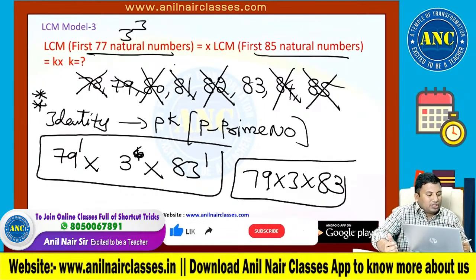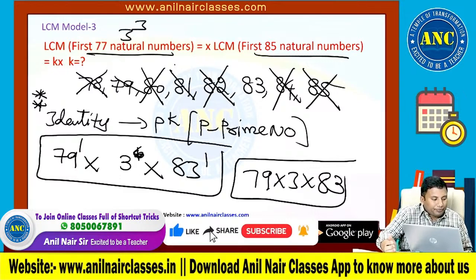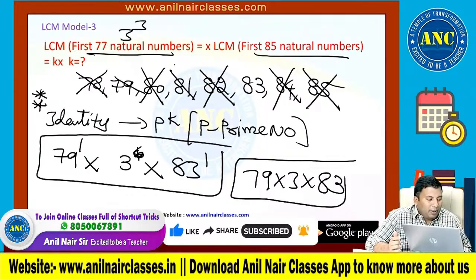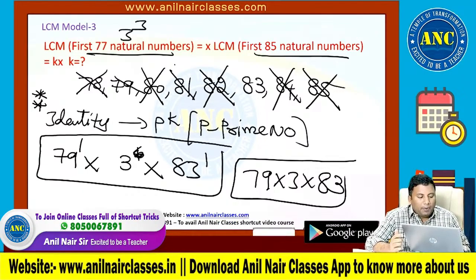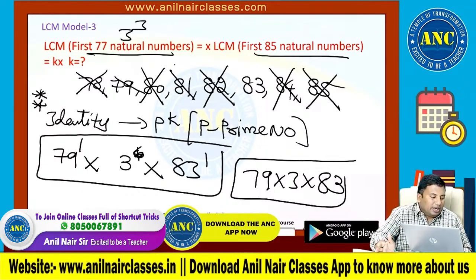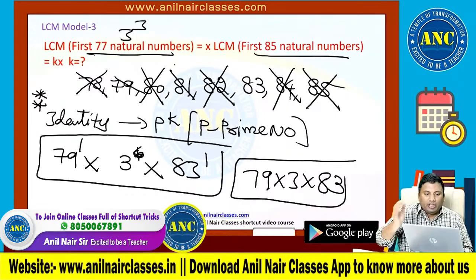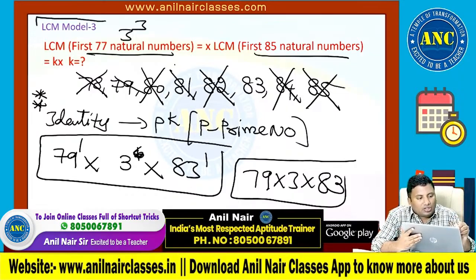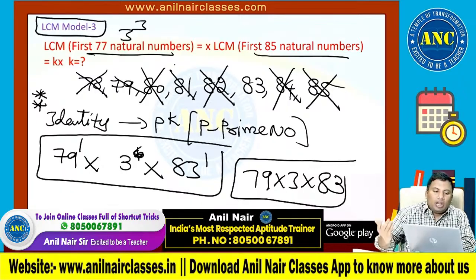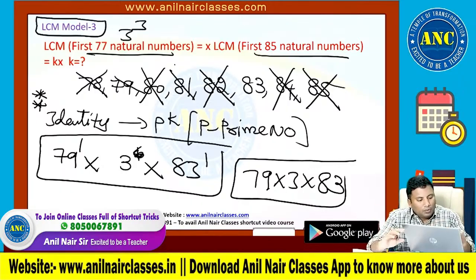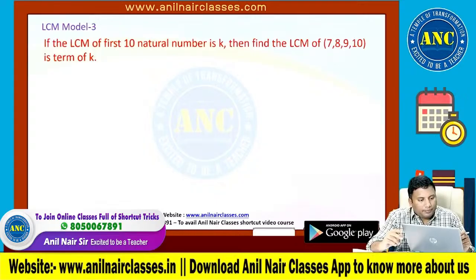Identify the numbers which are of the form p power k. 79 into 3 into 83. Model 3, these also we discussed. Model 3 also over. Model 4. Model 3, I think already we discussed.